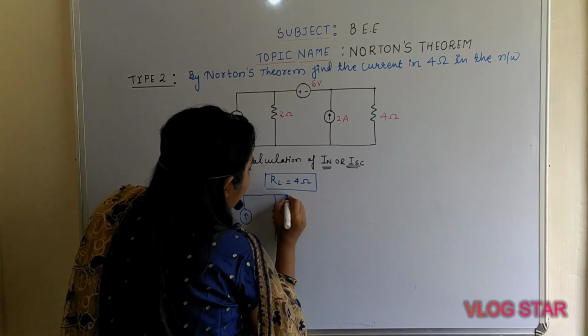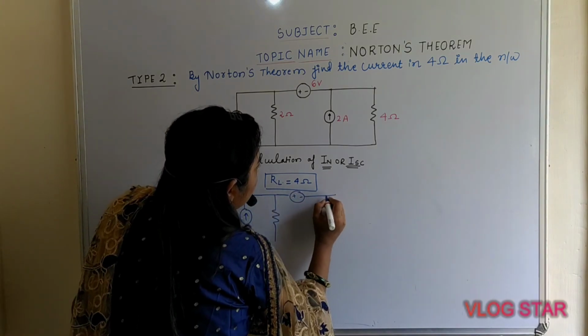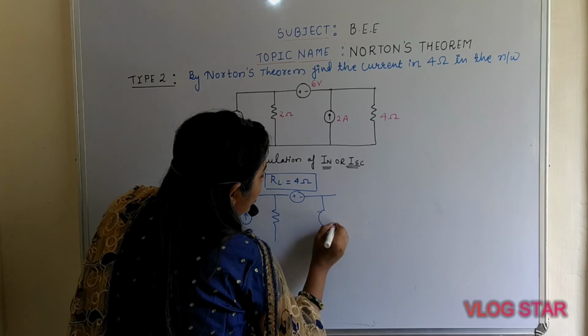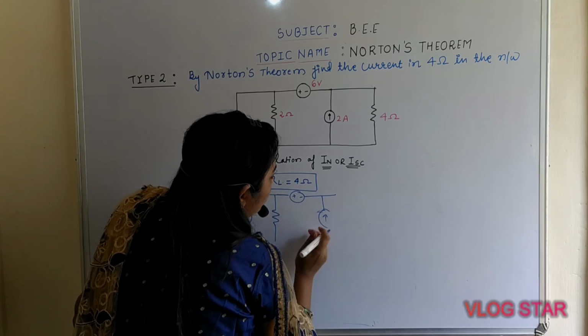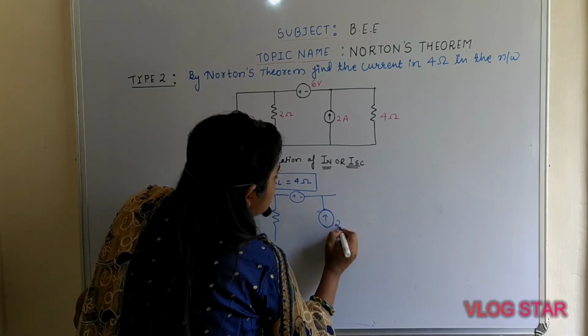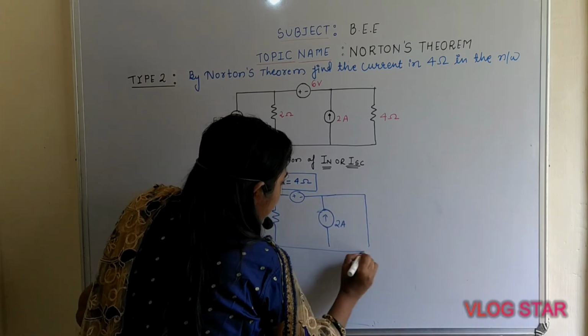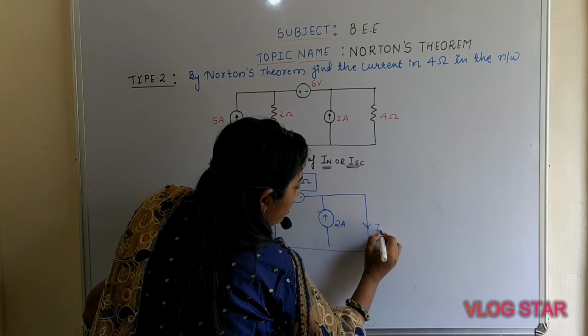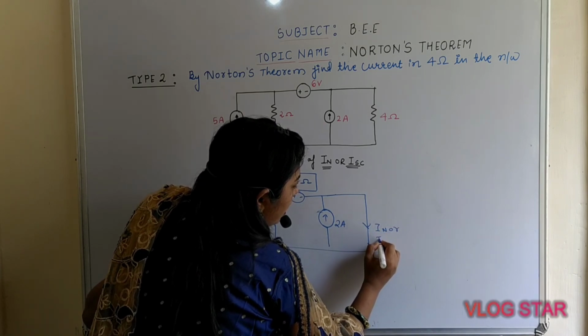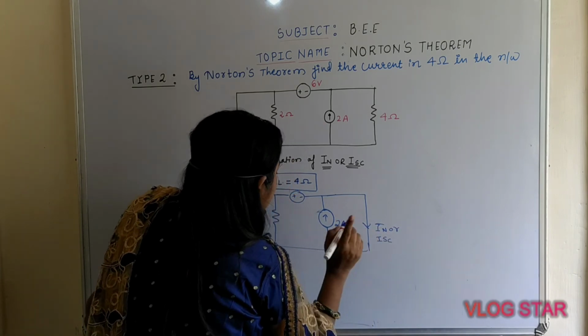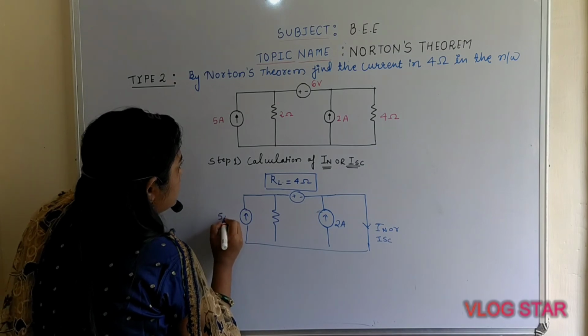Only you need to replace the load resistor by a short terminal, and across this short terminal we have to find out IN or ISC. I hope you have understood this.